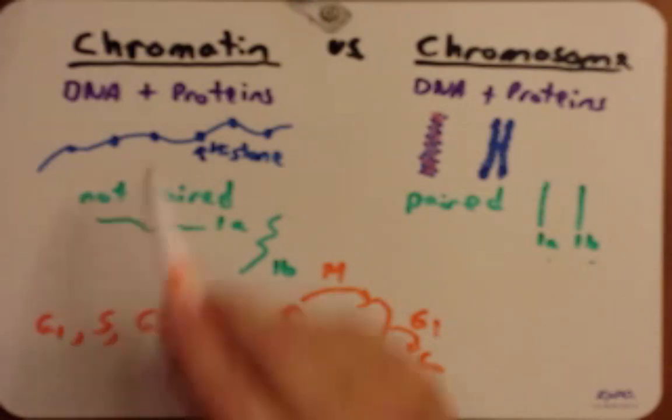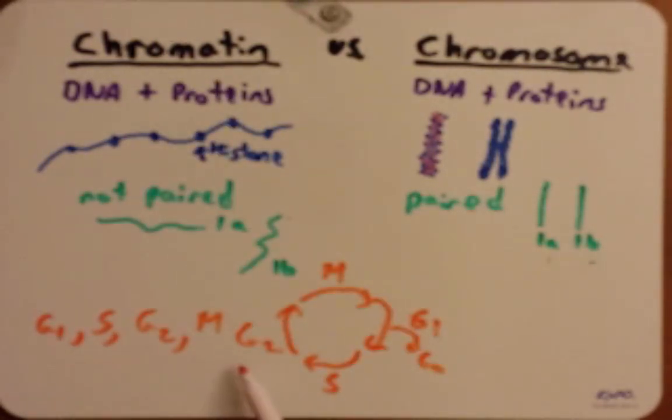The reason we are in the chromatin state here is that during this part of the cell cycle, G1, S, G2, and G0, the DNA needs to be active. It needs to have its DNA exposed so that it can be transcribed or replicated.